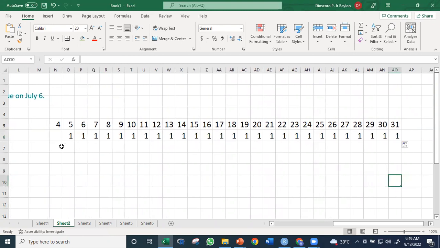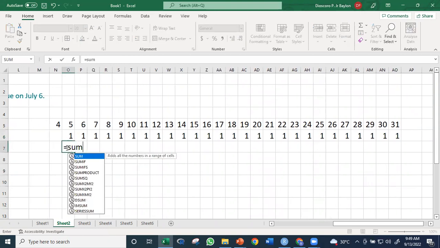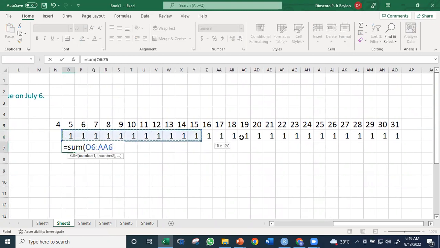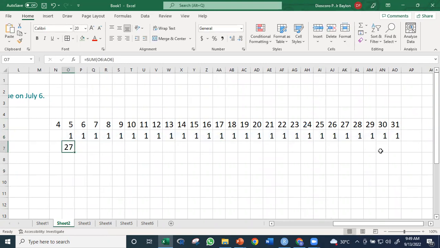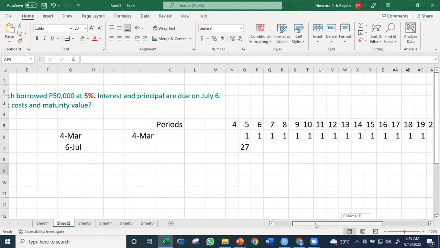So those are the number of periods. And if we sum all of this, okay, that will be 27 periods all in all. Or the shortcut is just subtract 4 from 31. So 31 minus 4 gives us the number of periods. So for the month of March, there will be 27 periods. Okay, how about for April? For the whole month of April, how many periods?